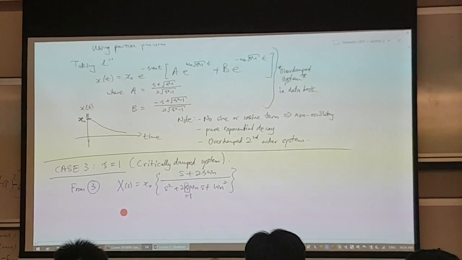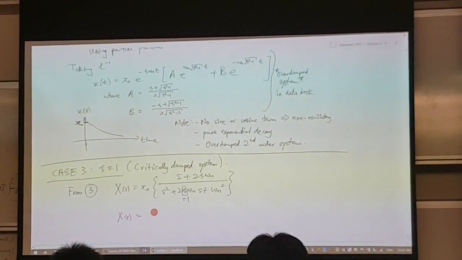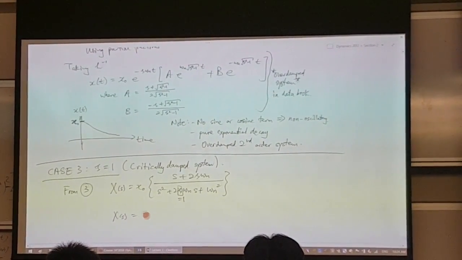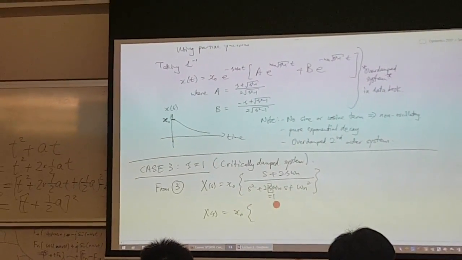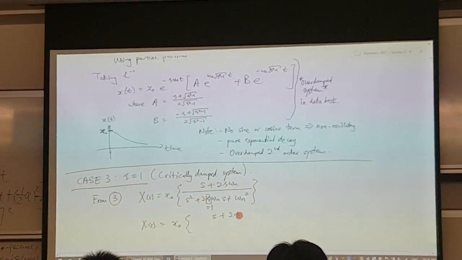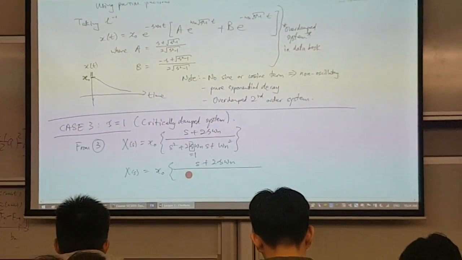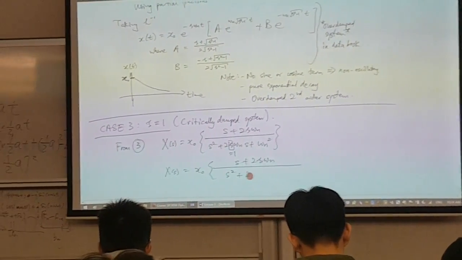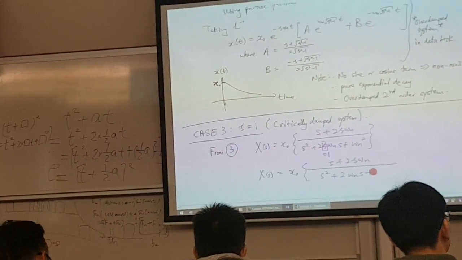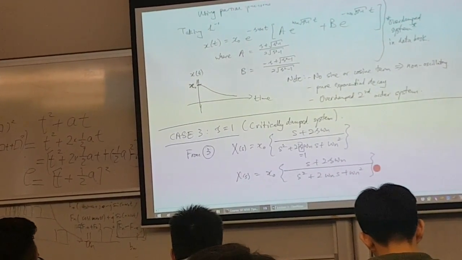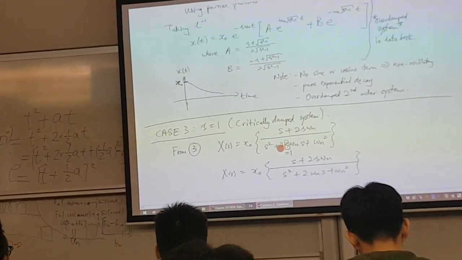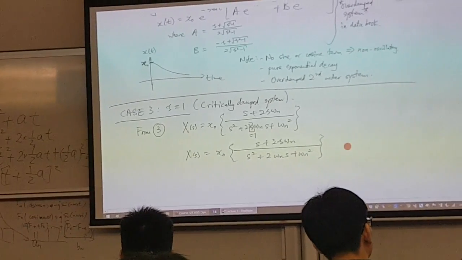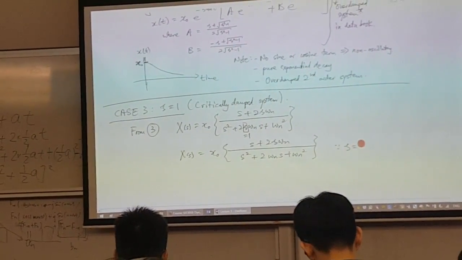So what I can do is to substitute that in. So x0 s plus 2 omega n s plus omega n squared, where zeta is equal to 1.